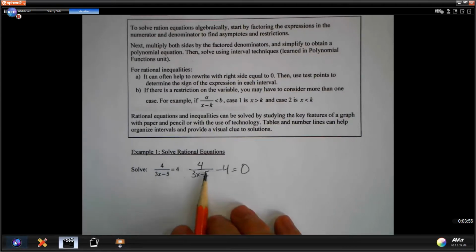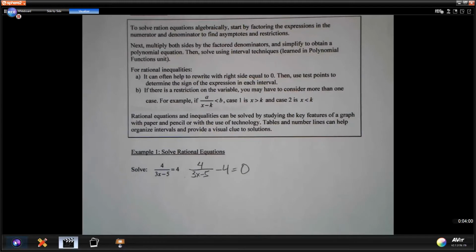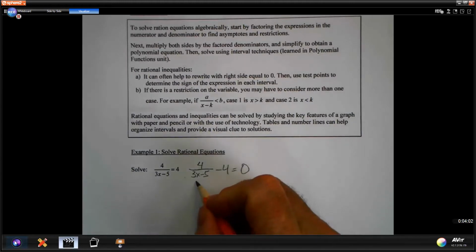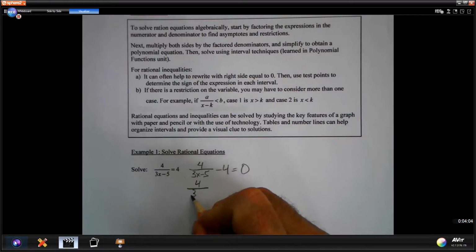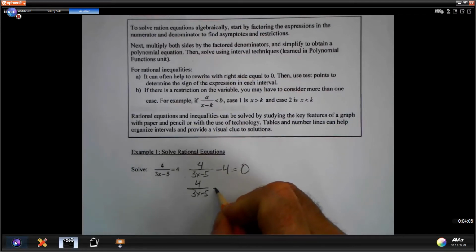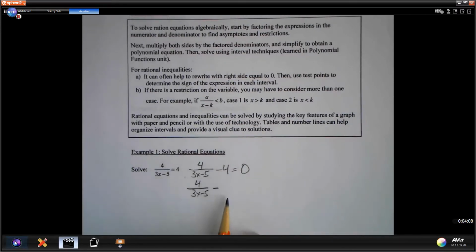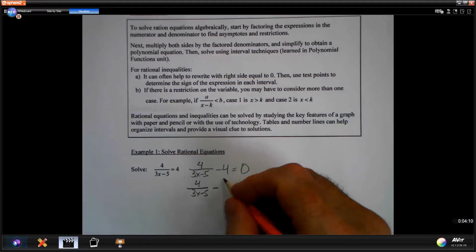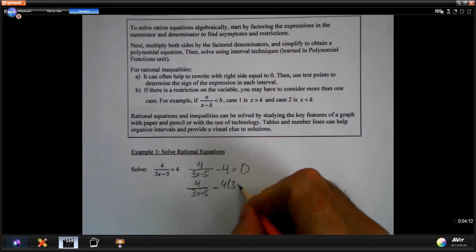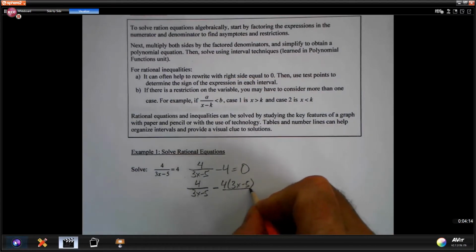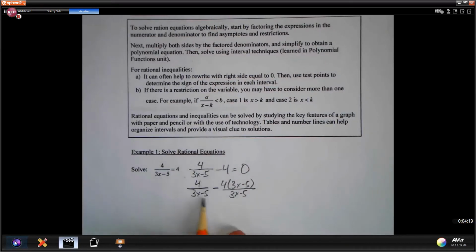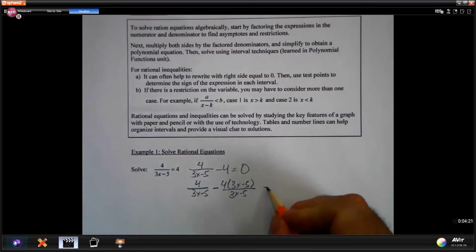If I want to combine these two terms together, they have to have the same denominator, which will be 3x minus 5. So if I want to turn this into something over 3x minus 5, that means I have to multiply the 4 with 3x minus 5, and then I could put a 3x minus 5 on the bottom and then combine everything.